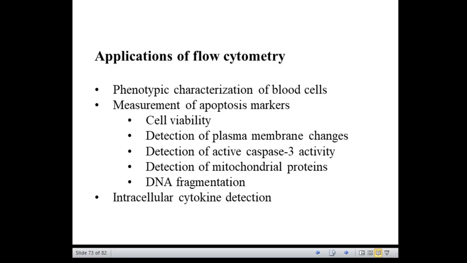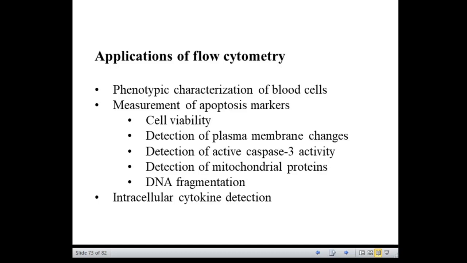So this is very specific when compared to any of the other viability assays, because in other viability analyses, even the non-viable cells non-specifically bind to the antibodies, which results in inaccurate or false positives.